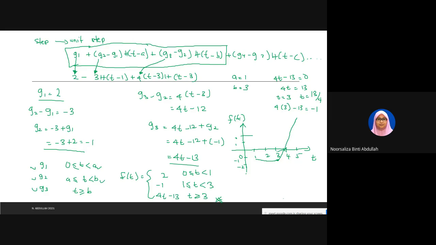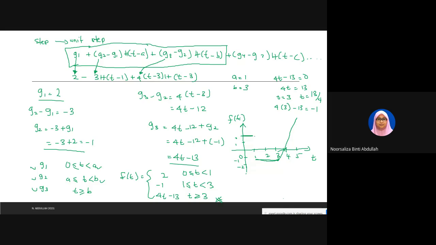Okay, ada soalan? Doktor, ya, saya. Kat graf tu yang kat 1 tu dia tak ada garis. Mana ya? Kat 1 ni. Lepas tu yang ke bawah tu dia tak ada garis.